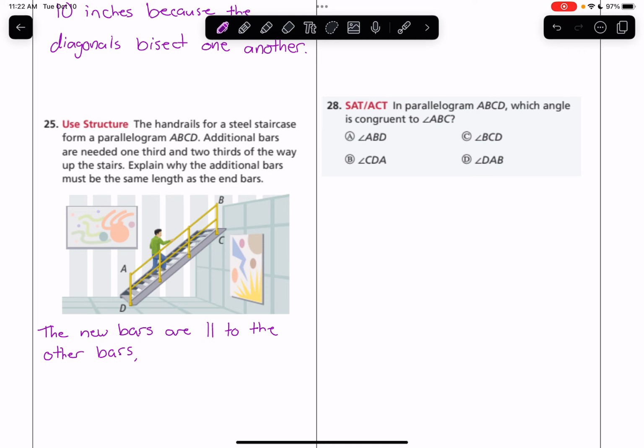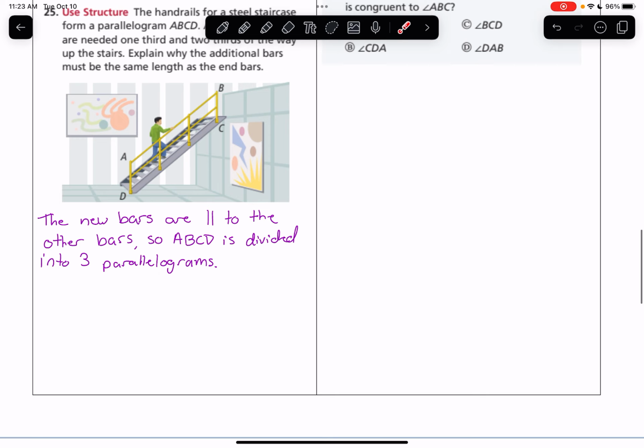So ABCD is divided into 3 parallelograms. And we know that the opposite sides of a parallelogram are congruent. So if this is a parallelogram, BC and this side must be congruent. If this is a parallelogram, AD and this side must be congruent.